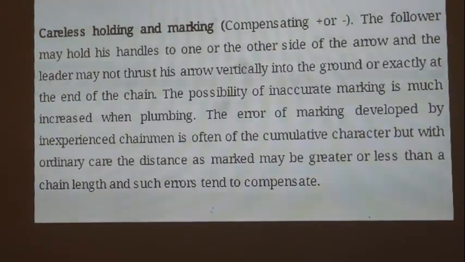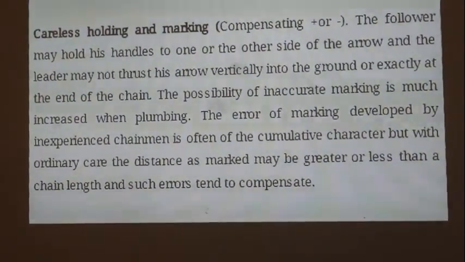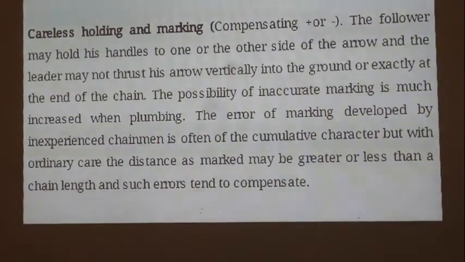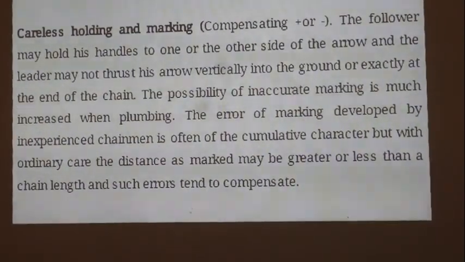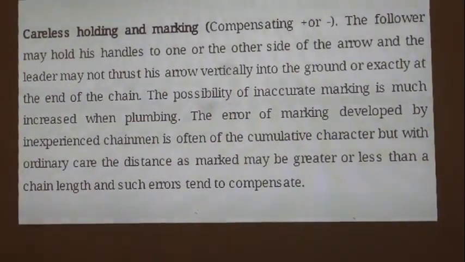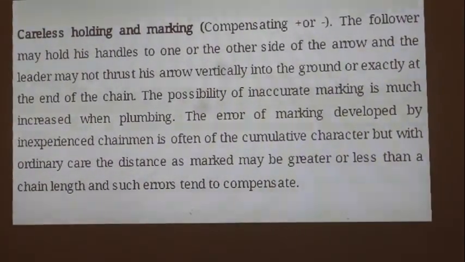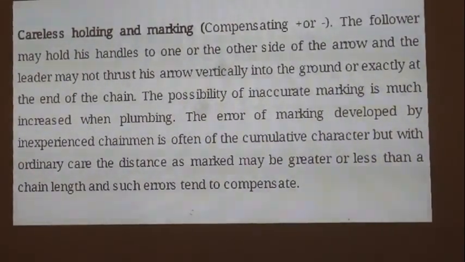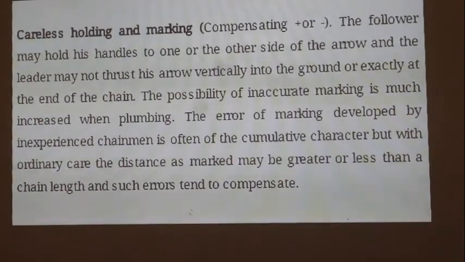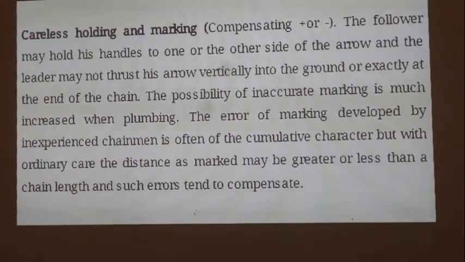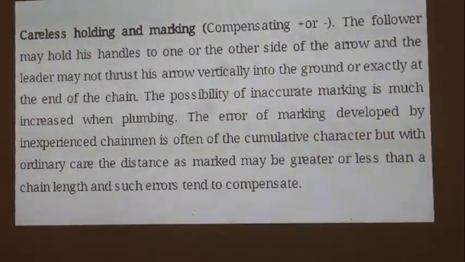Then careless holding and marking. Possibly somebody is holding the tape at 0, somebody is not holding it very well. Assuming we have to measure this line, I hold 0 here, and somebody measures up to this point, we'll call it 20.